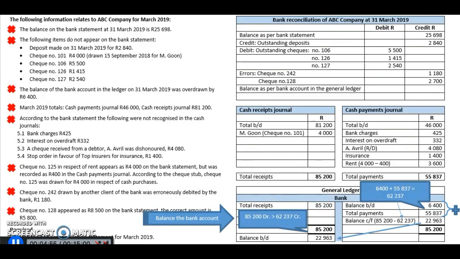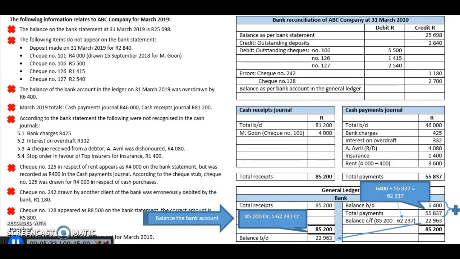The balance carried forward is calculated on the credit side by taking the 85,200 rand and subtracting all the entries on the credit side therefrom. 85,200 minus 6,400 minus 55,837 equals 22,963. The balance brought down is the same as the balance carried forward, and this is recorded on the debit side.